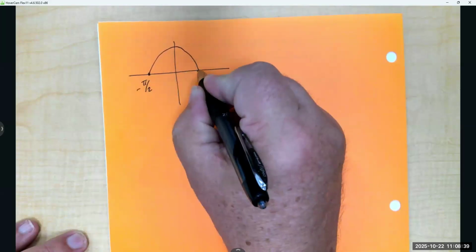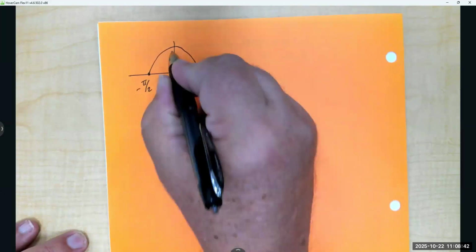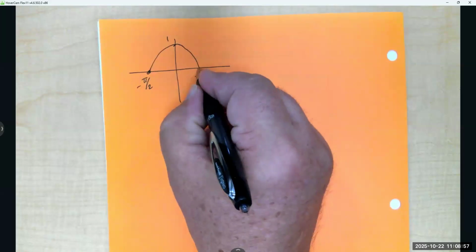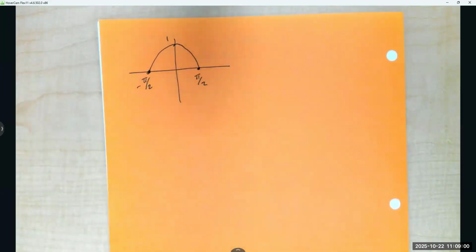Negative pi over 2 to pi over 2, and that's 1. So what function do you think is defined by that graph right there? Has a beginning and endpoint. Square root. Yeah, it could be square root, negative square root. No, not square, negative square root is squared.